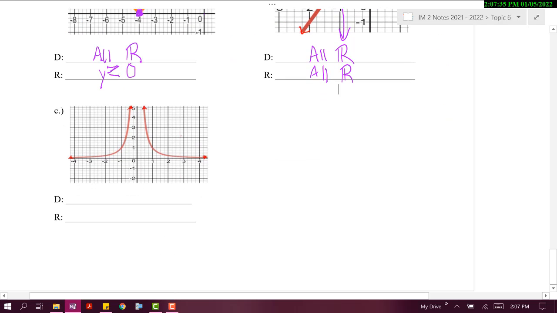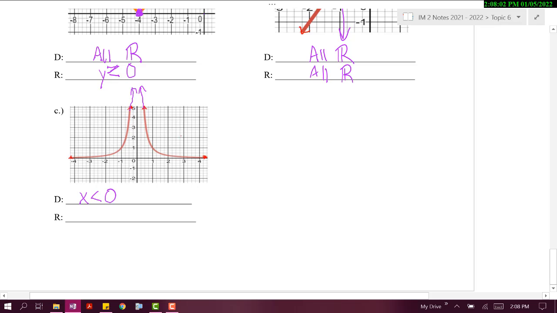Last one, it's got 2 parts. So we're going to have 2 domains. We can't really tell, but I'm going to tell you. As these go up, they get closer and closer to 0. But they don't actually get there. So on this left side, x is less than 0.